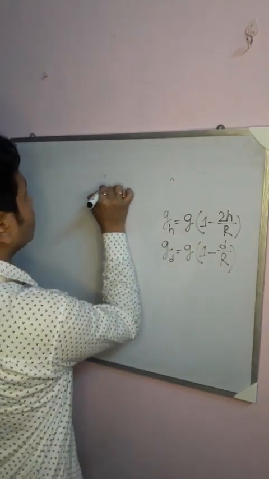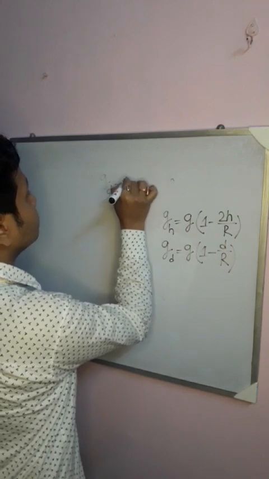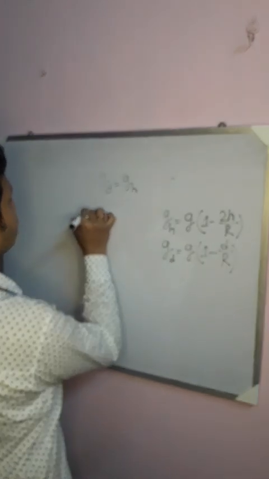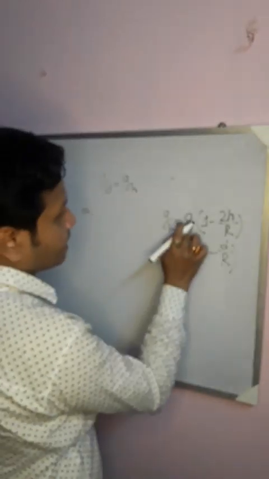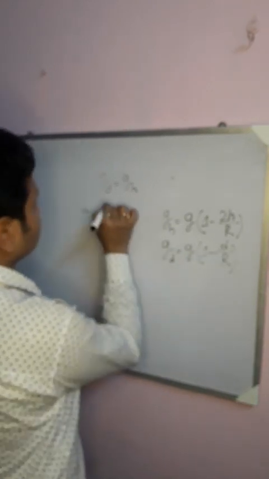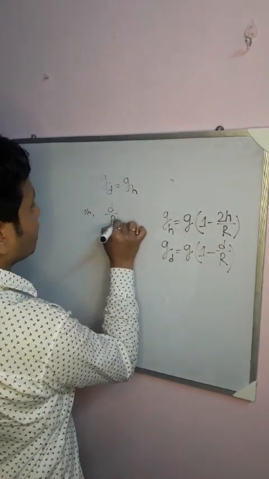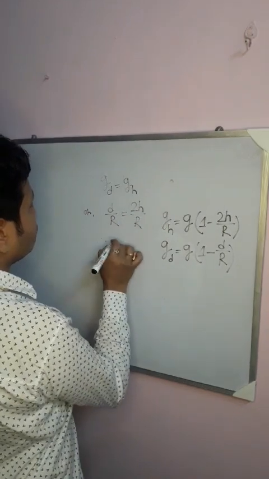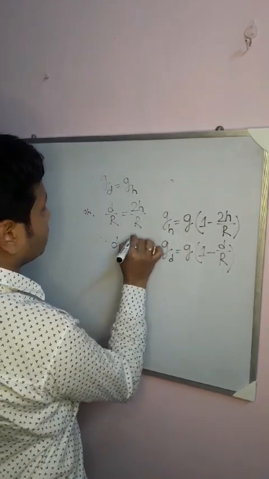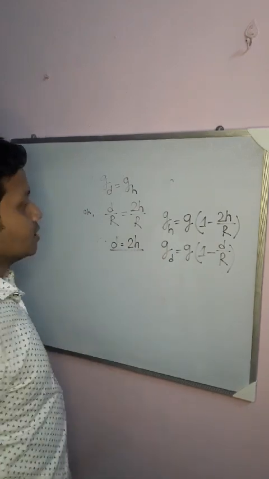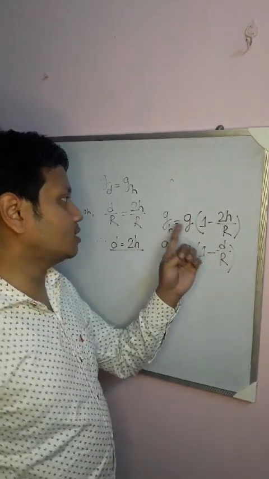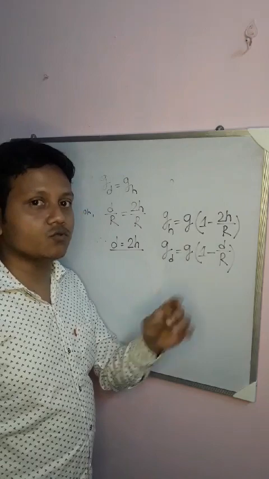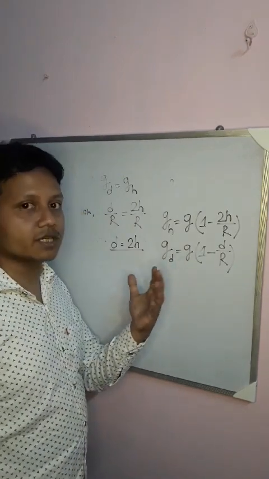So if you equate g_d equal to g_h, then what will be the result? G cancels, 1 cancels, so d by r equals 2h by r, from which we can easily write d equals 2h. So at this depth, both accelerations due to gravity are equal, and you can set a numerical question yourself.